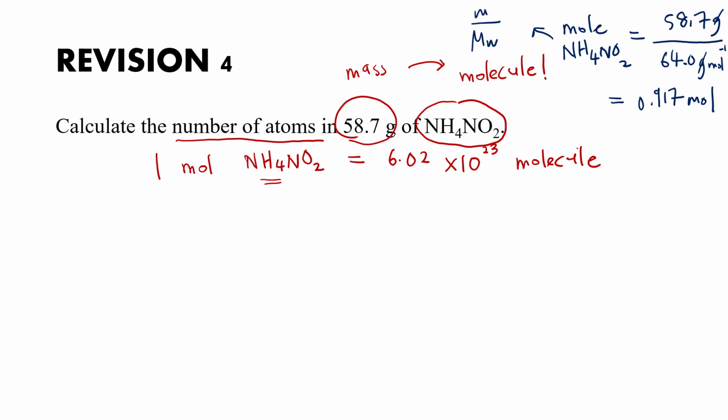Okay, so by having the number of mole of the ammonium nitrate, so then kita masukkan dalam this general statement. So you akan cari nilai X. Okay, so again, darab silang. So what is X? X adalah number of molecule.